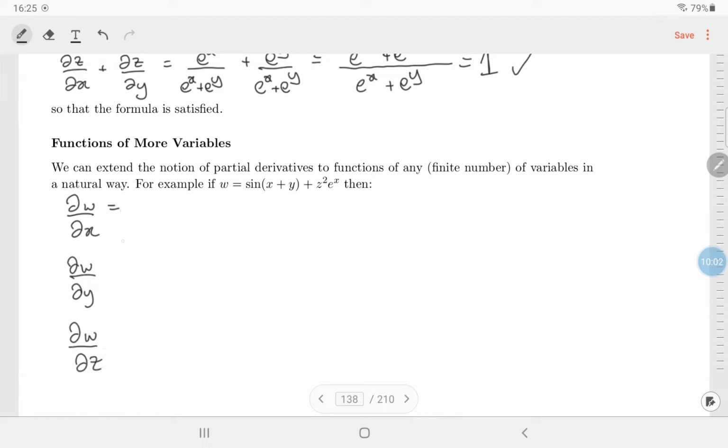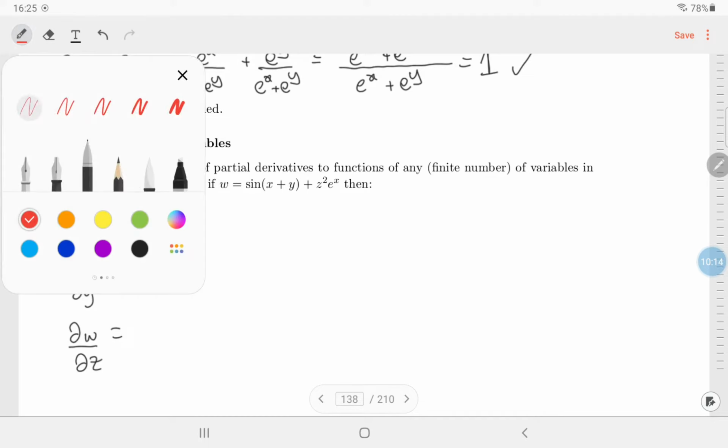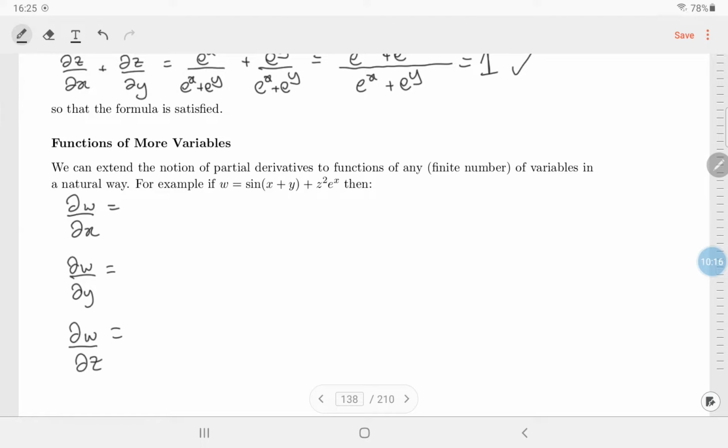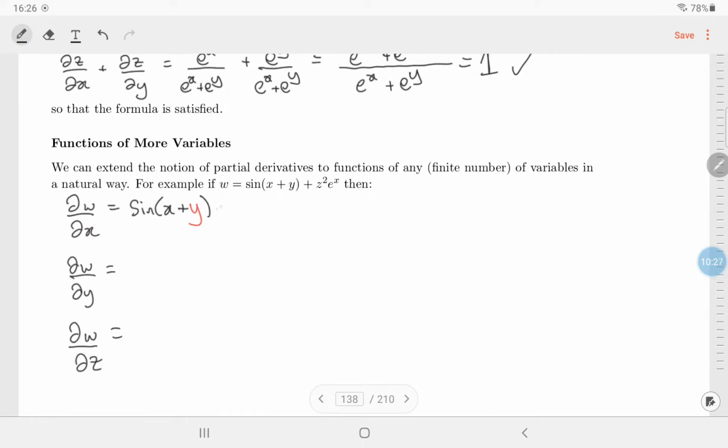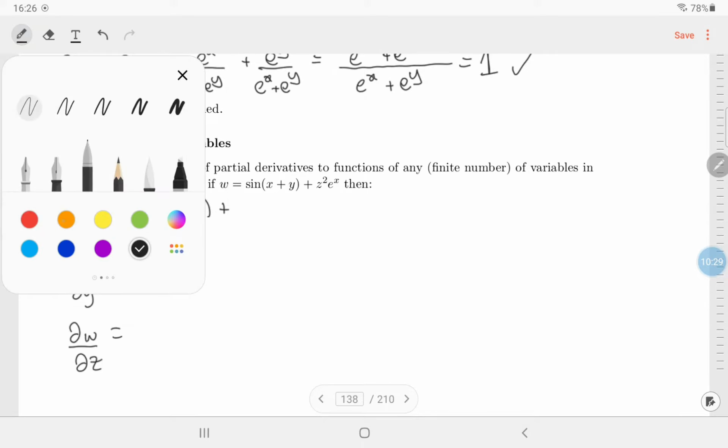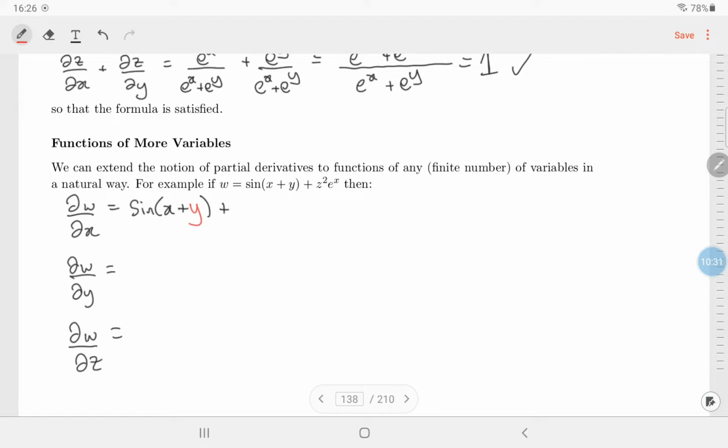Now what we might do is we might do the red thing again. Yeah, we'll keep going. So with respect to x, but y and z are constants. So what we're looking at here when we're differentiating with respect to x is sine of x plus a constant y, plus, now x is changing but z and y are kept constant, so you have a constant z squared, times e to the x.